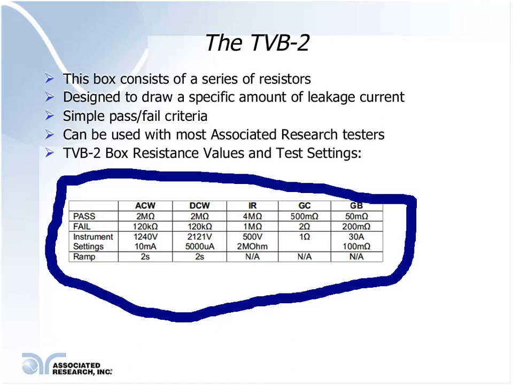And you can see there's a pass-fail condition and instrument setting, and the ramp times are also provided in this table. So what we're going to do is, once we get into the verification of different test types, we will be using this table and the values and settings in this table as an example.